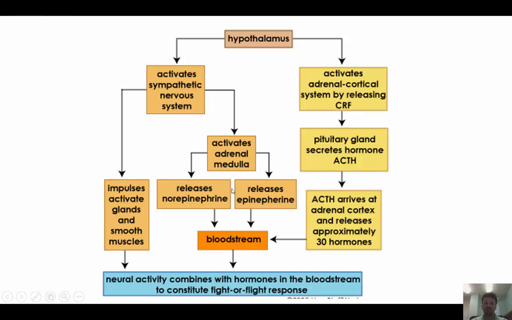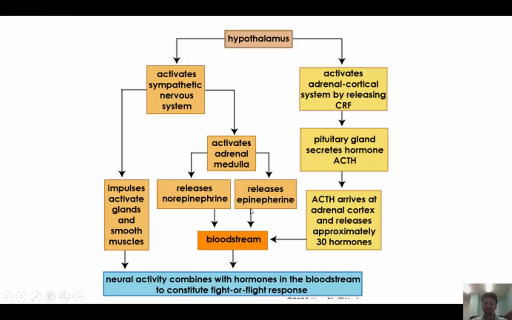Epinephrine and adrenaline are the same hormone. One is an American term, epinephrine. The other is the British term, adrenaline. And norepinephrine and epinephrine are two compounds that are very similar, just slight chemical modifications. So you can talk about norepinephrine and epinephrine, or noradrenaline and adrenaline.